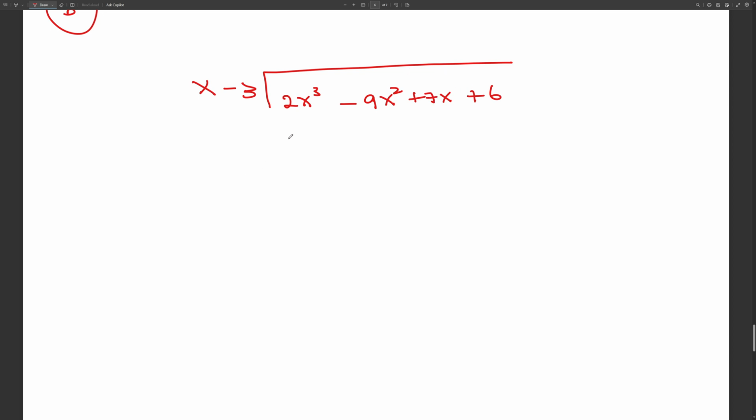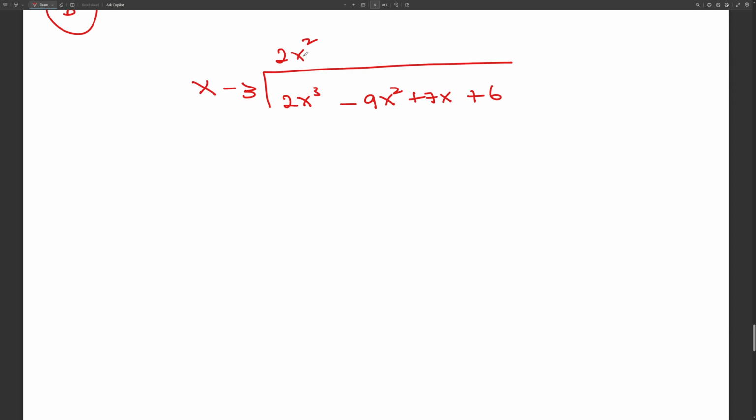Now the tedious part. I need to divide this 2x cubed by this x. That'll give me 2x squared, or as some people like to say, what can I multiply x by to get 2x cubed? That's another way of saying it.